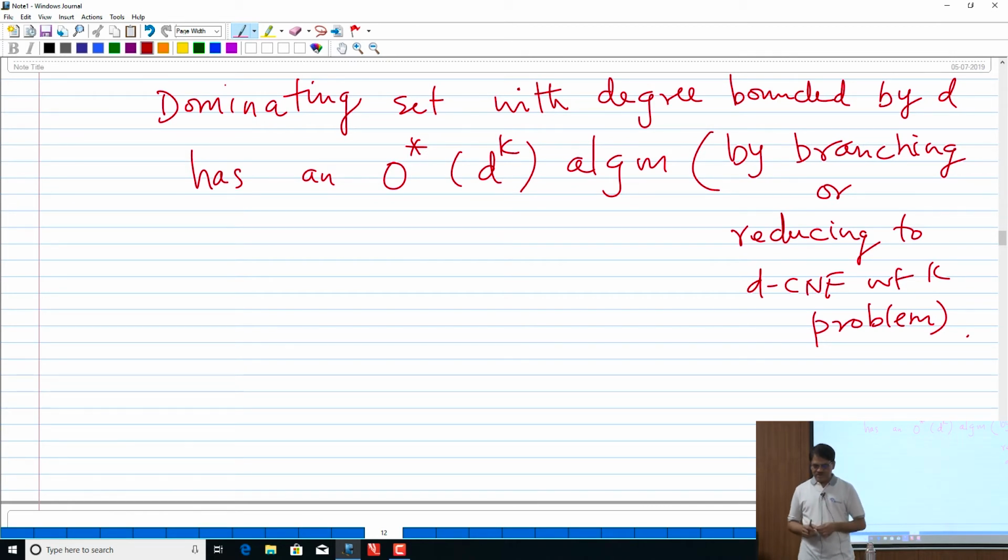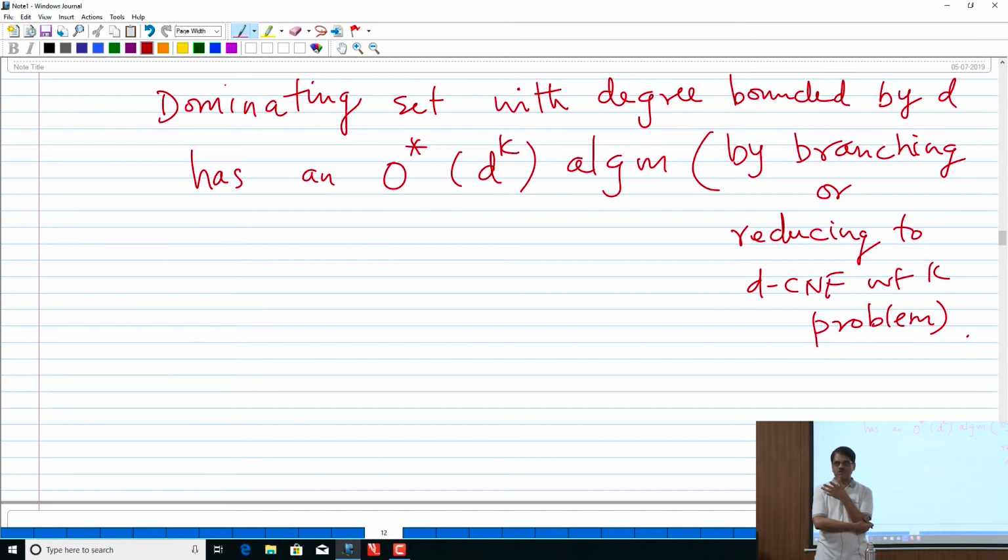But now what I am saying is, suppose you are talking about a graph which has bounded degree, then it is fixed parameter tractable because of this kind of an algorithm. So can you get a kernel? How do you get a kernel? Include all the isolated vertices in the solution, because they need to dominate themselves.